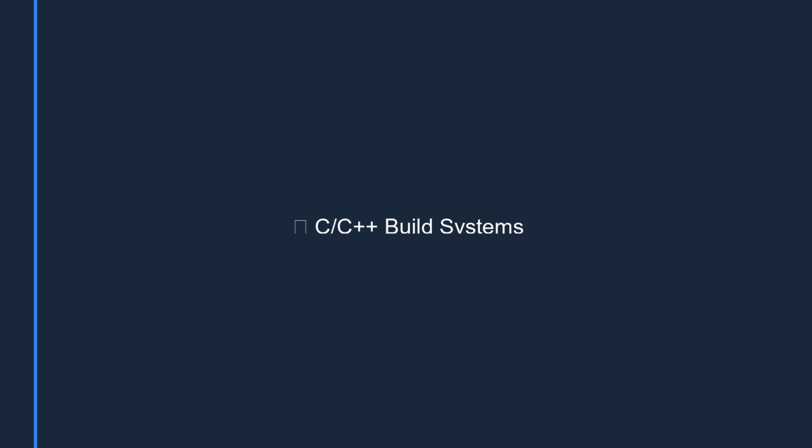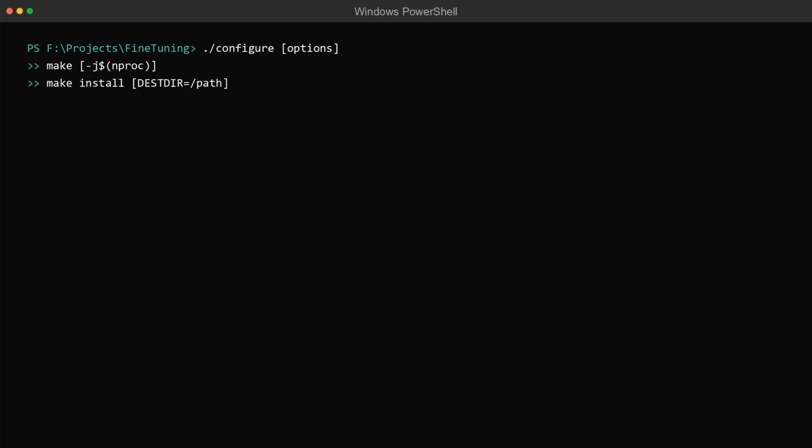C and C++ build systems. The classic C and C++ build workflow follows three steps: configure, compile, install. The ./configure script is generated by AutoTools and does detective work. It probes your system for compilers, libraries, and headers, then writes a makefile tailored to your environment.